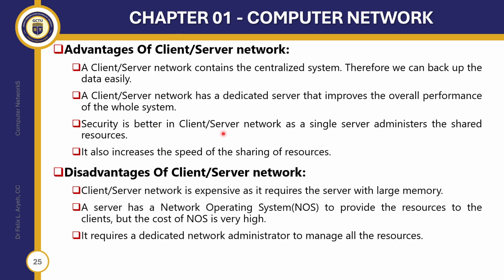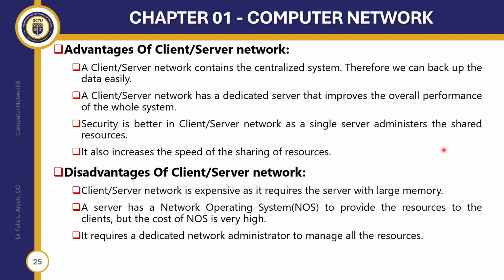Security is better in a client server network as a single server administers the shared resources. So we have just one server sending resources to the clients that need them. For peer-to-peer, each one of them manages its own resources, so in terms of security it's quite low compared to the client server architecture.